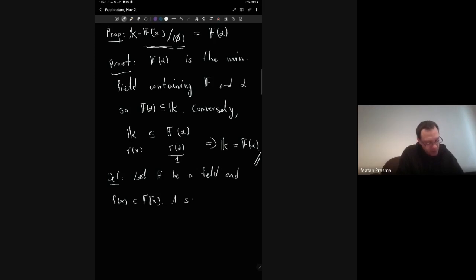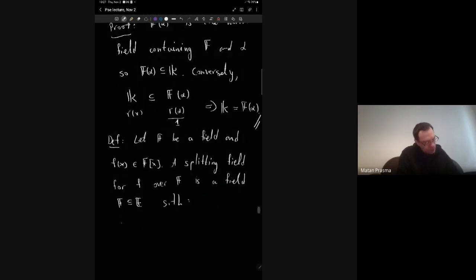A splitting field for f over big F is a field E containing F such that f splits into linear factors.